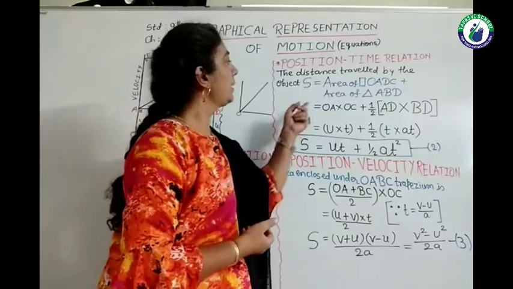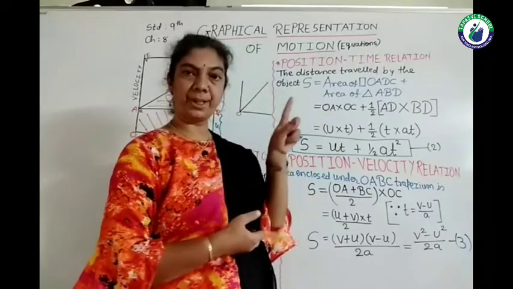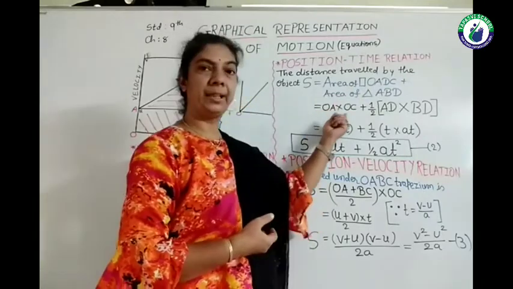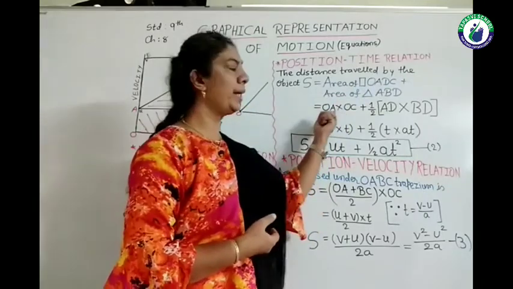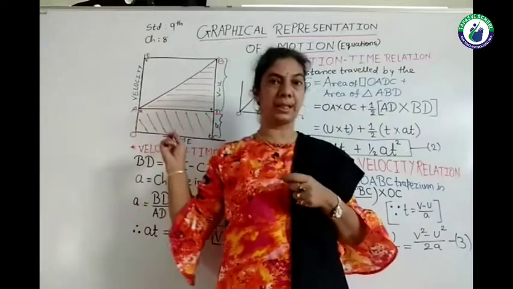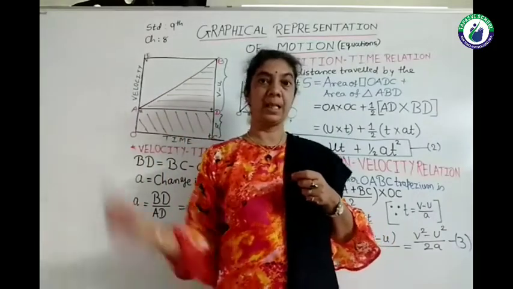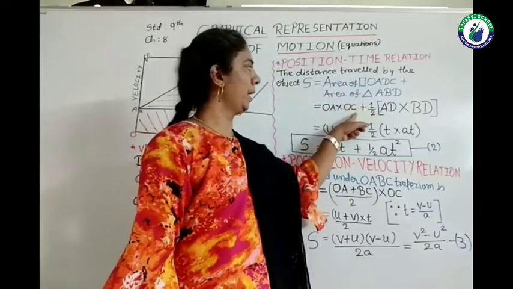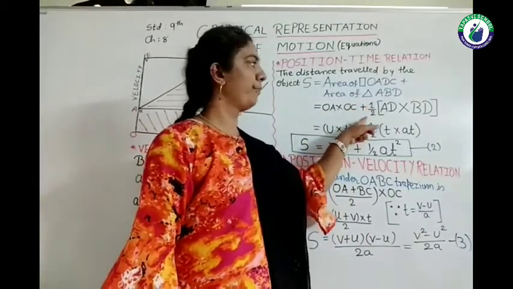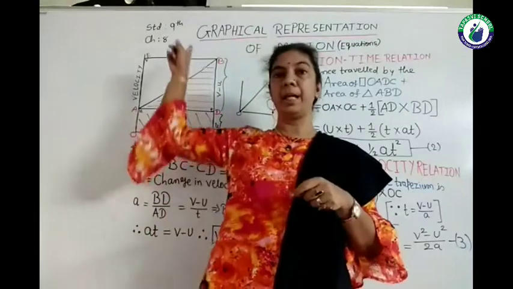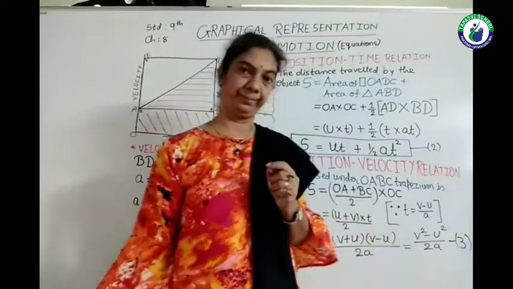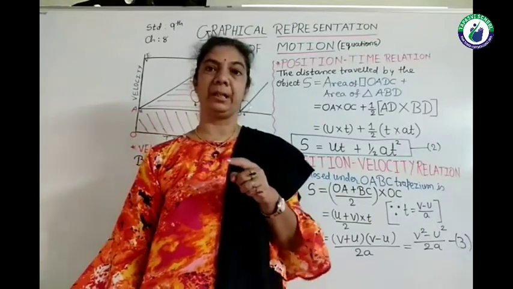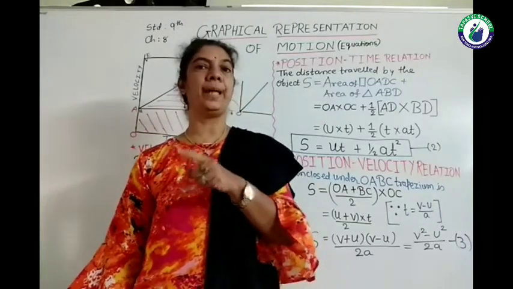Substitute the symbols from the diagram first. Area of the rectangle is length into breadth, that is OA into OC in this graph. Triangle is symbolized as plus 1/2 AD into BD, from the formula of area of triangle, half into base into height.